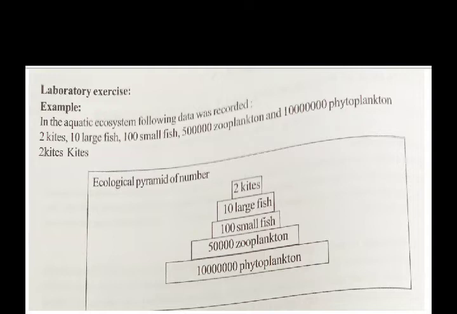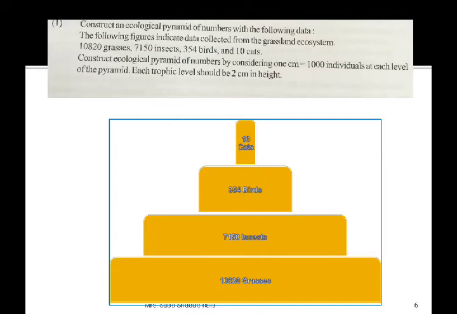Okay, so let us solve one laboratory exercise now. You have to construct an ecological pyramid of number with the following data. Here, the grass is 10,820, and the number of insects is 7,150. There are 354 birds and 10 cats.